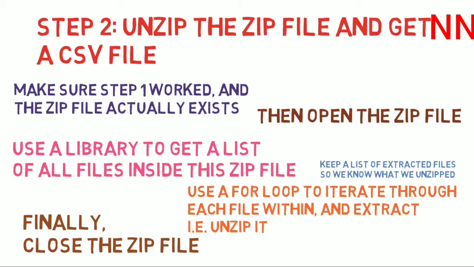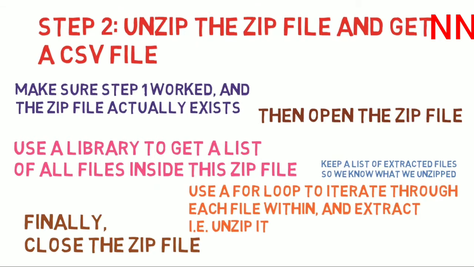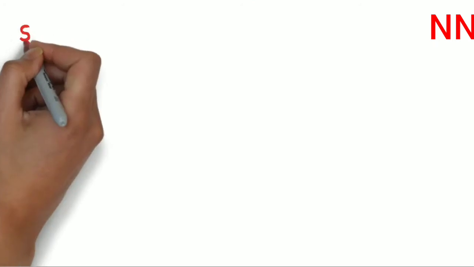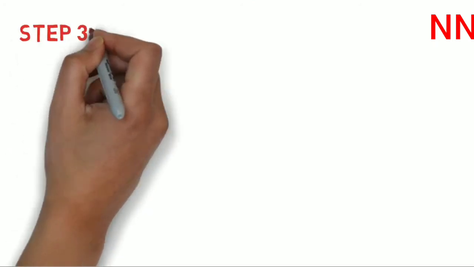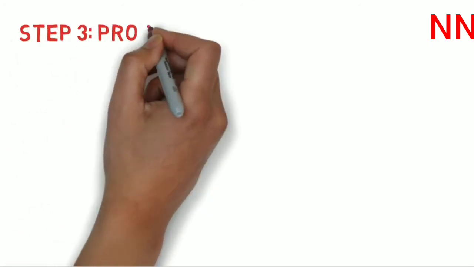The next step is to parse this extracted CSV file and process the data line by line to get the top moving stocks on a given day. We'll take the CSV file and process it line by line.